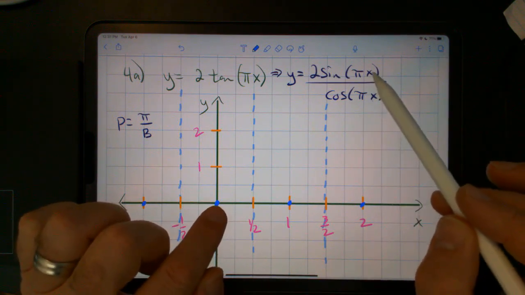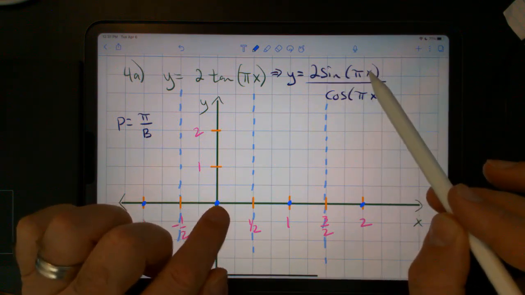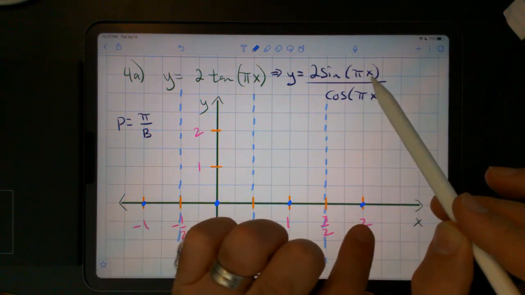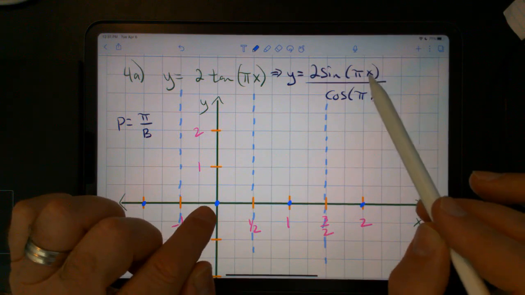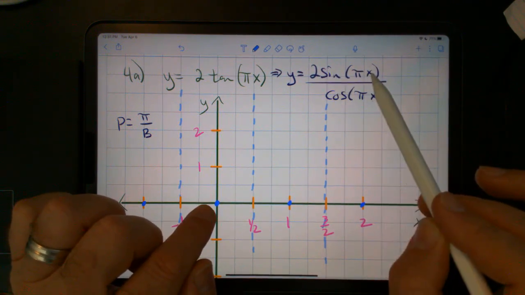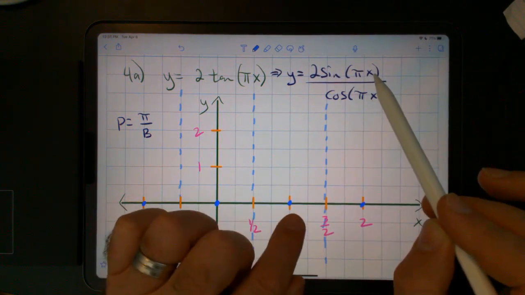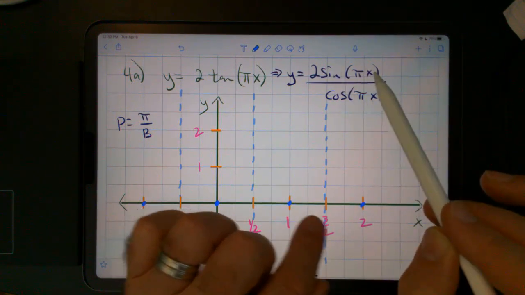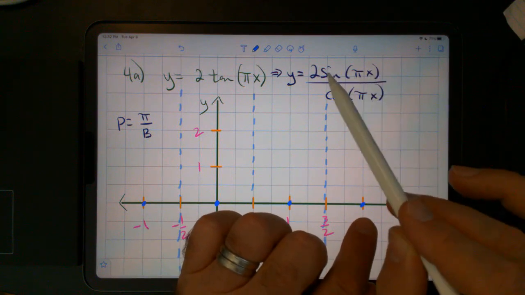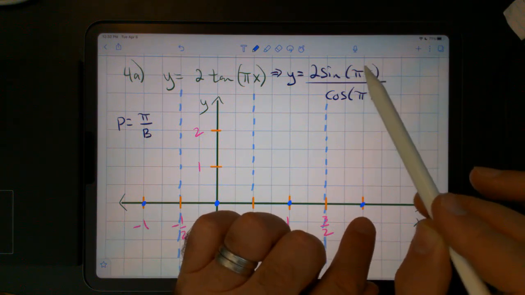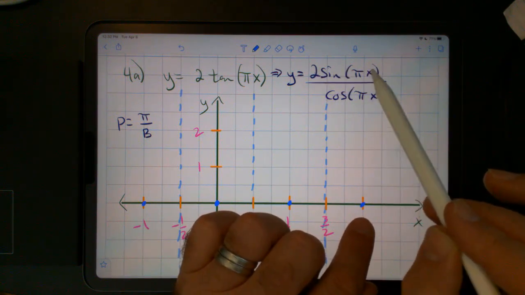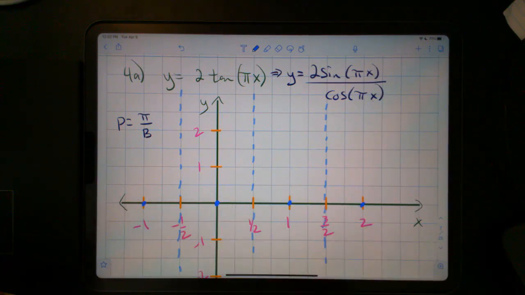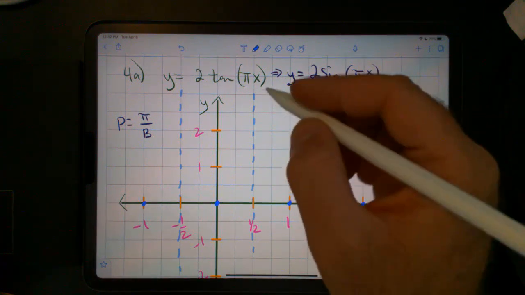Because when x is 0, sine of 0 is 0. When x is 1, sine of pi is 0. 0 over non-zero is 0. When x is 2, sine of 2 pi is 0. 0 times 2 is 0. 0 divided by non-zero is 0. So these are where it crosses the horizontal axis.